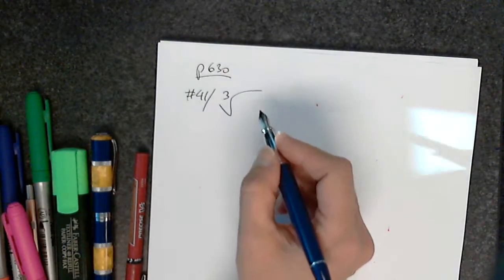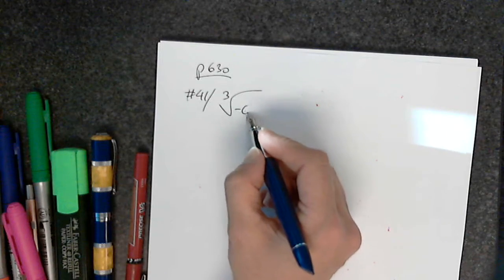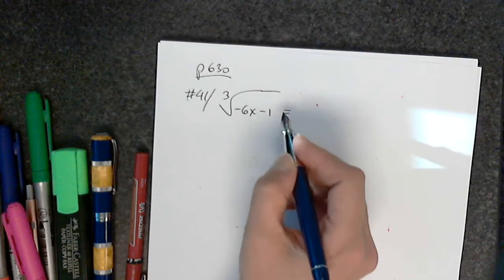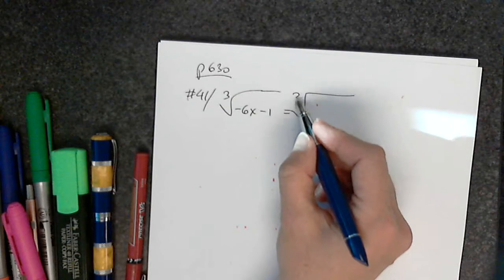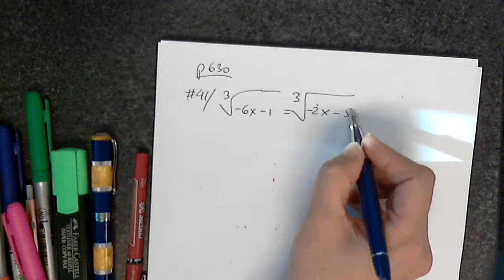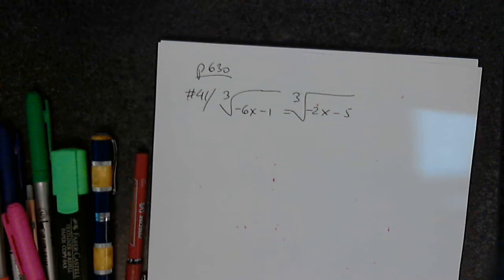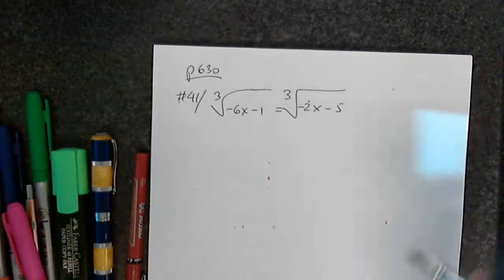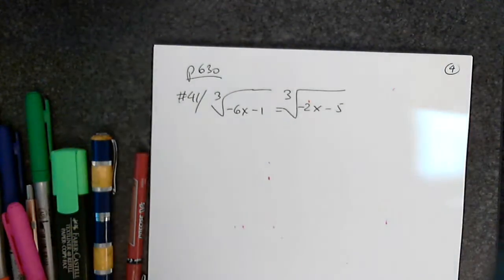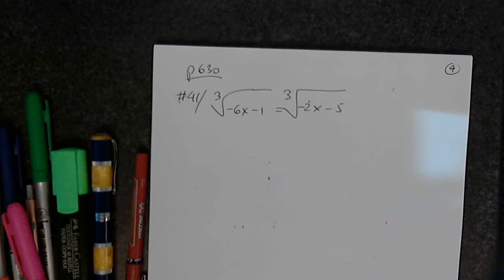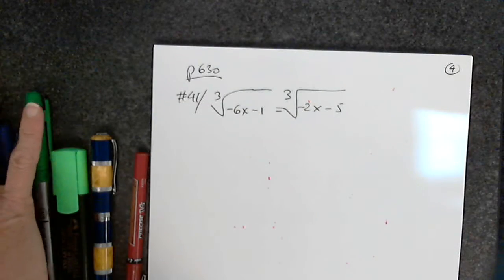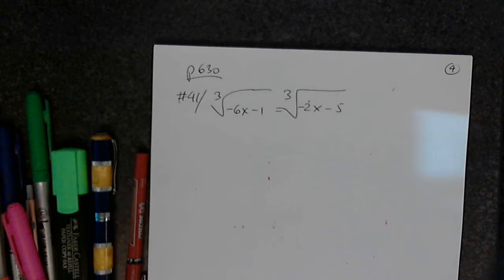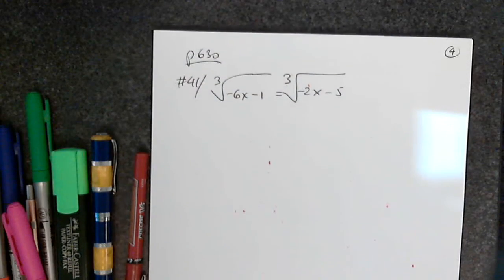So on page 630, the cube root of negative 6x minus 1 equals the cube root of negative 2x minus 5. Let's work on this problem together. Any suggestions on how to solve this radical equation?